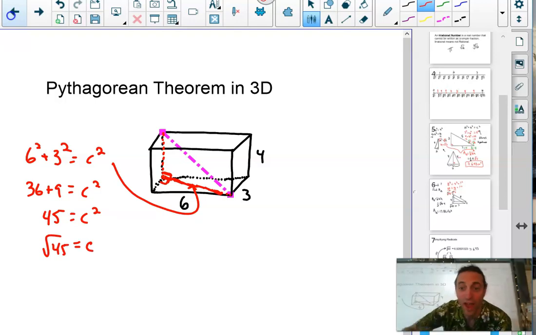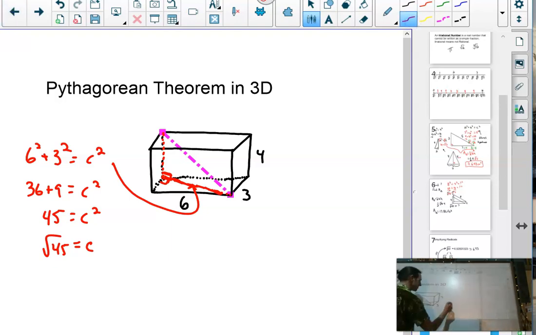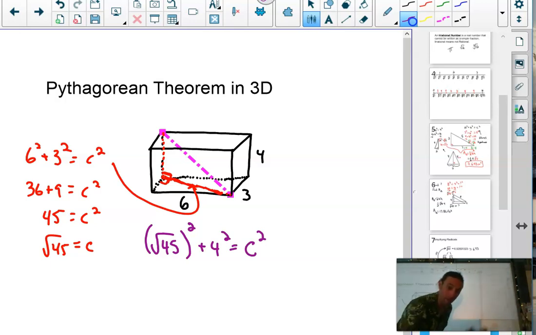Now, I know the height is 4. I can do it again to figure out the diagonal. So now the purple diagonal is going to be the square root of 45 squared plus 4 squared, and that's going to be the c squared, the big long diagonal in between. As a quick reminder, the square root of anything times itself is the radicand.